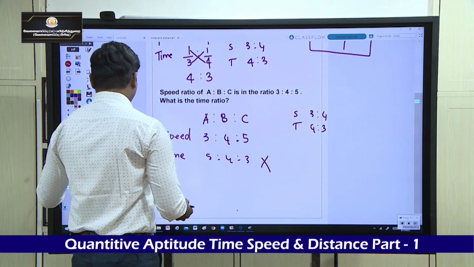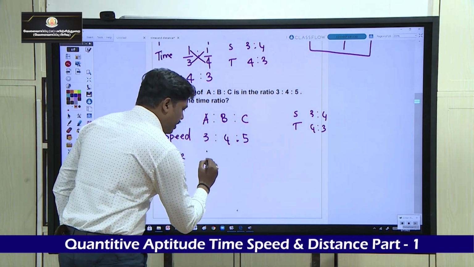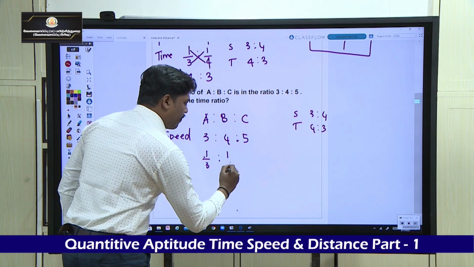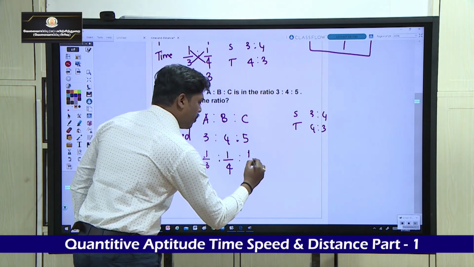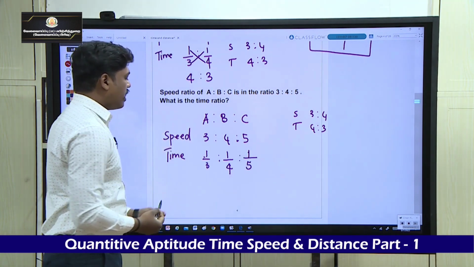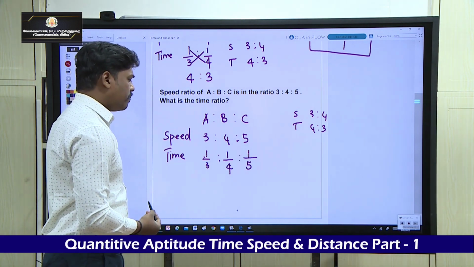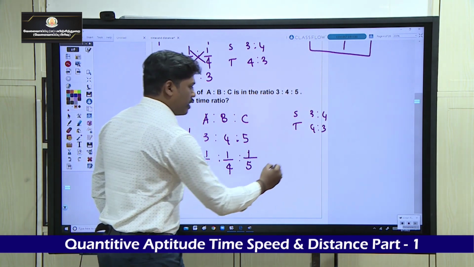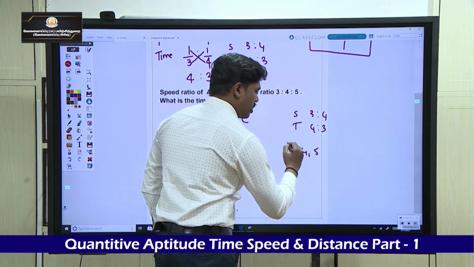What we can do is the basic step, inversely proportional. So time for A is 1/3, for B it is 1/4, and for C it would be 1/5. Now take the LCM of 3, 4 and 5. You will get 60.